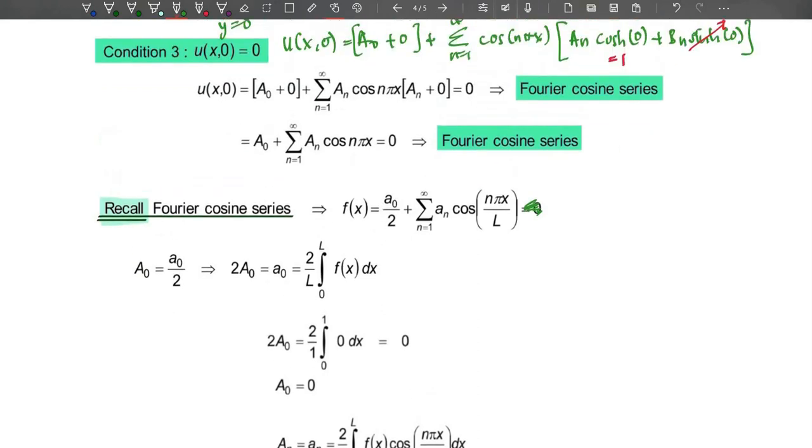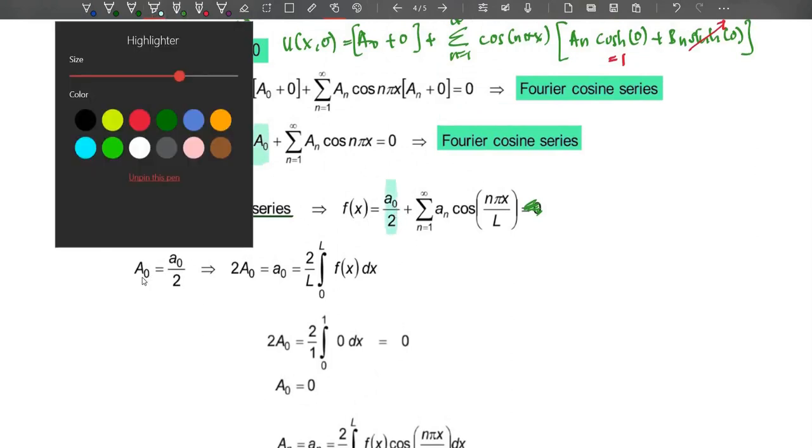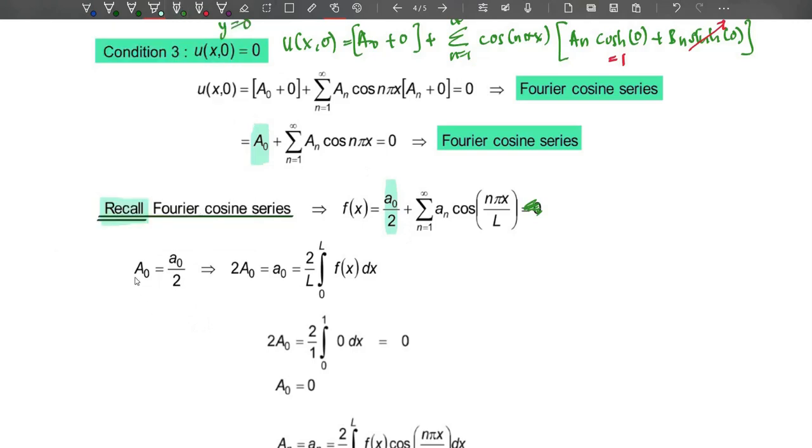The one that we have is just A0. We are comparing capital letter A0 with small letter a0 over 2. That's why capital letter A0 equals small letter a0 over 2, which means small a0 is equal to 2 capital letter A0, as such.